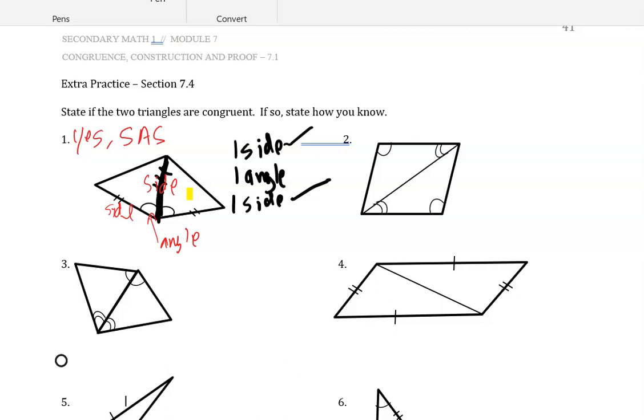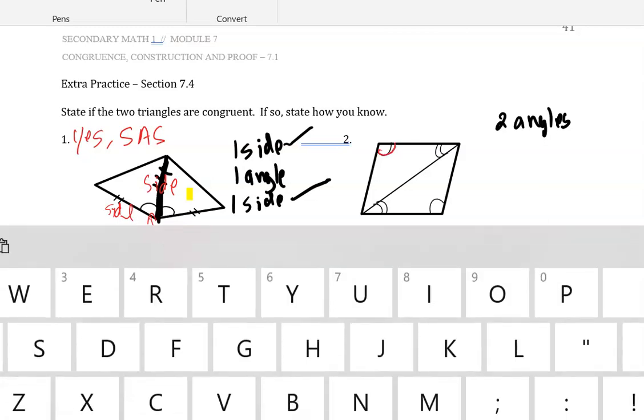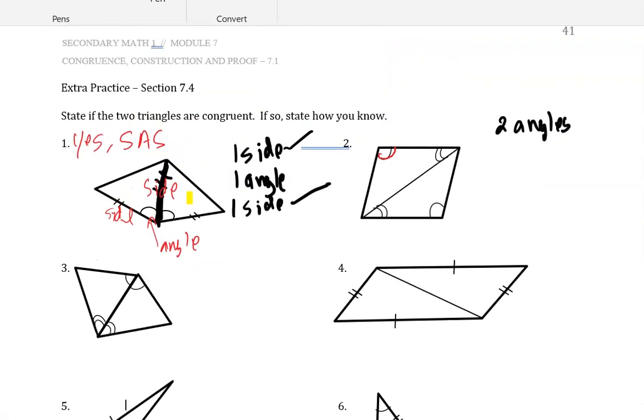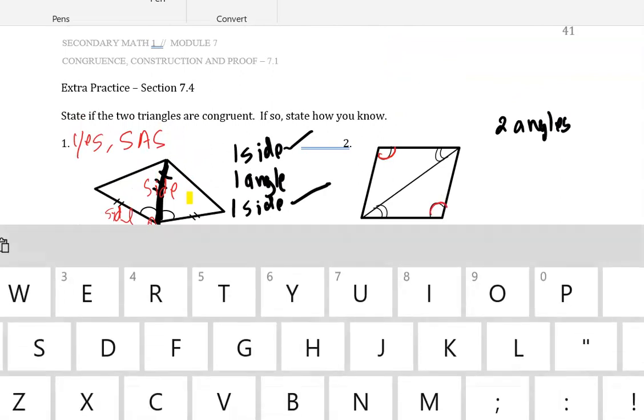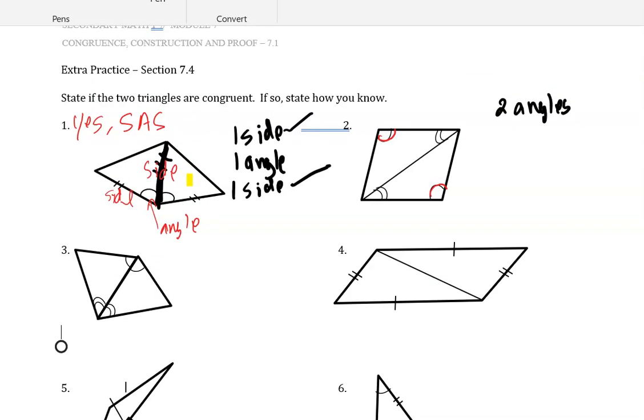Similar in number 2, you are given 2 angles. So we have 2 angles that are marked. All right, so let me get some colors here to show this. So this angle is congruent to this angle. And then this angle is congruent to this angle. All right, but we have talked about a shared side. If this is triangle 1, this is triangle number 2. Here is a shared side.